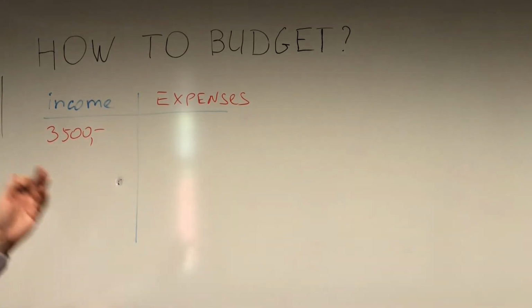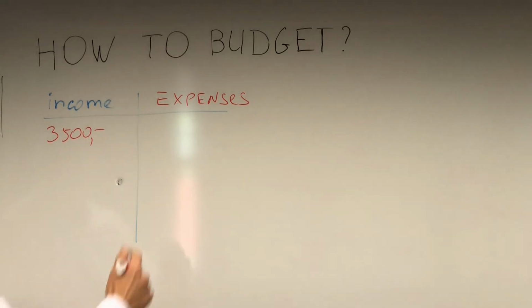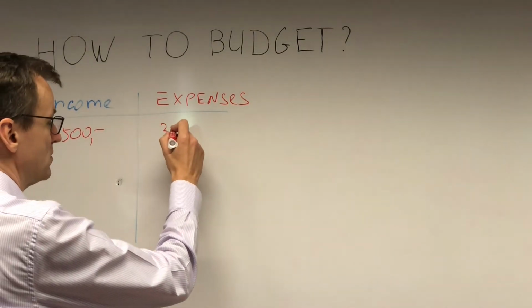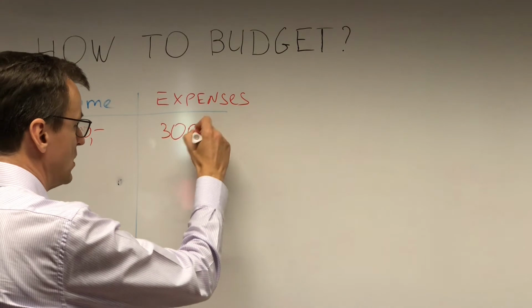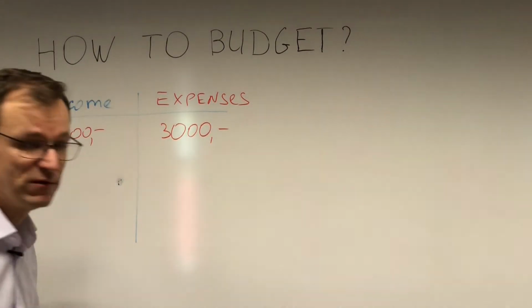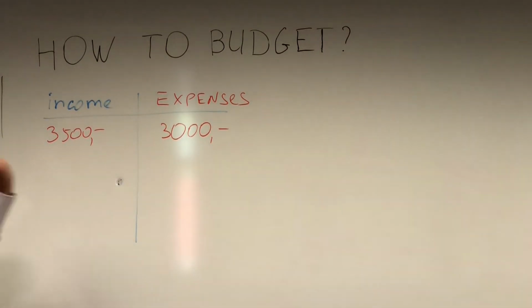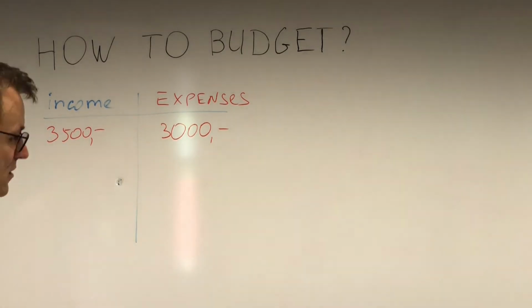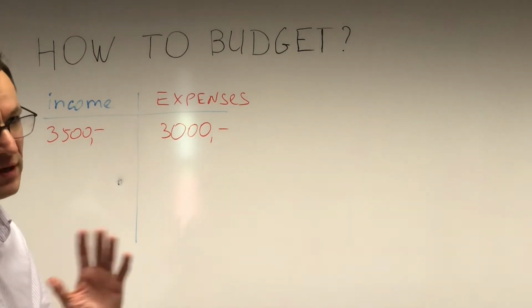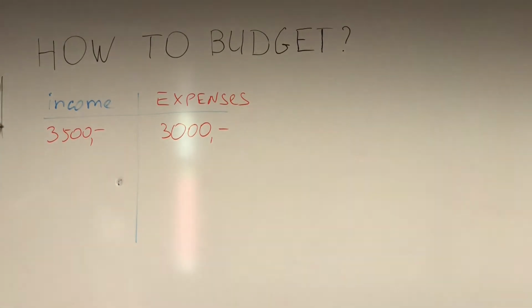And you have expenses like maybe 3,000, whatever, euro, dollars, whatever currency you have. It doesn't have to be such a round amount, I'm just giving an example. Your amounts can be calculated up to the last cent, but usually you get some margin of error in it, right?